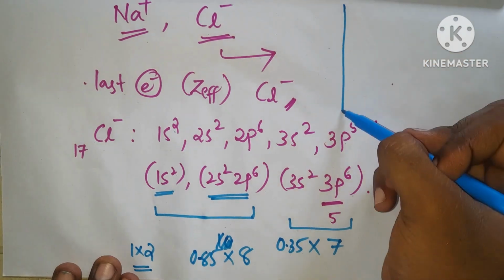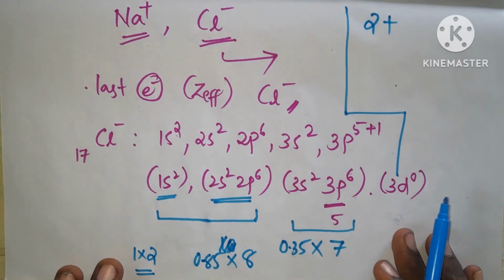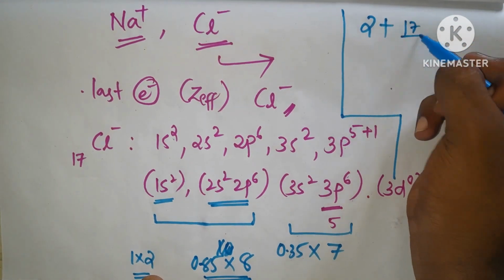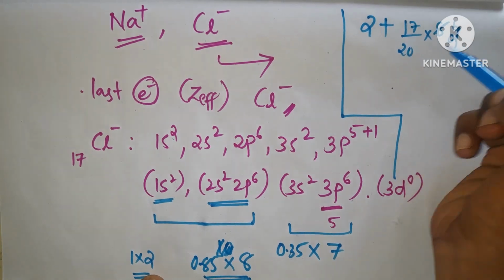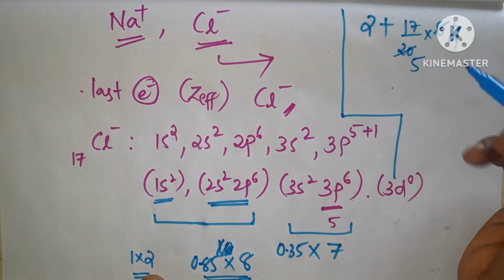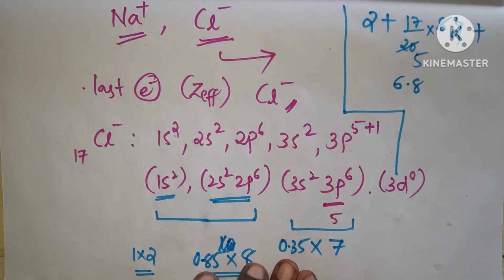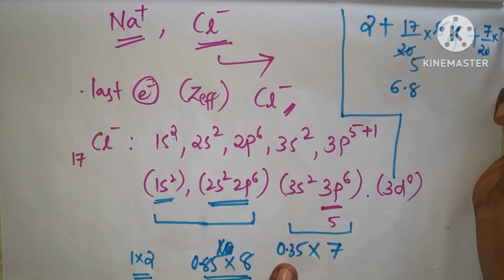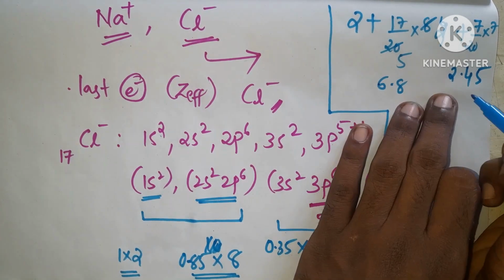Again, restructure the calculation. 1 into 2 is 2 plus 0.85 into 8, that is 17 by 20 into 8, that is 4 2s are 8, and 4 5s are 20, 34 by 5 is 6.8, plus 0.35 into 7, that is 7 by 20 into 7, that is 49 by 20, which is 2.45.